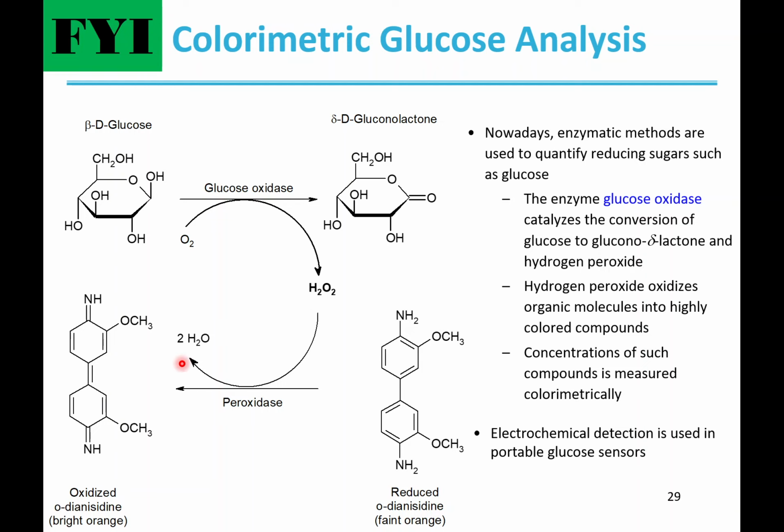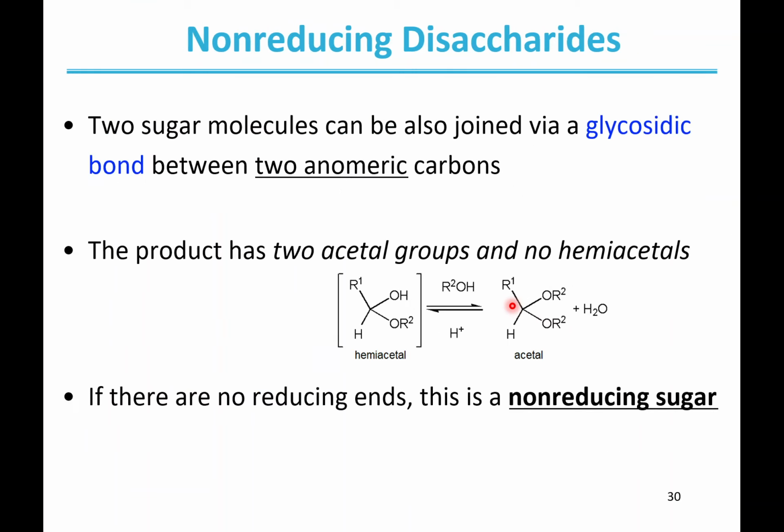Hydrogen peroxide then can change a certain chromophore molecule to alter its structure and change its color from a faint orange to a bright orange. So you're picking up a color change if the reducing sugar is around.